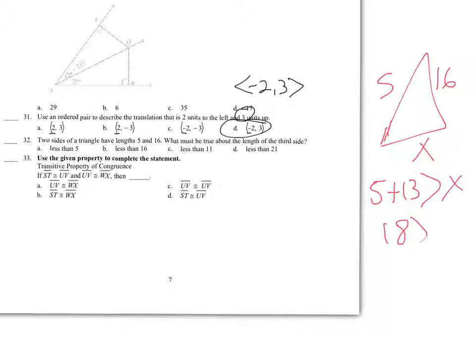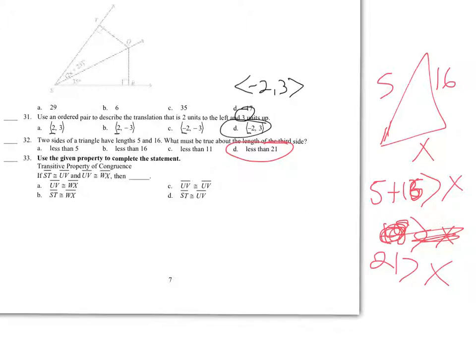So 5 plus 16, which makes 21, has to be bigger than x, or x has to be less than 21.